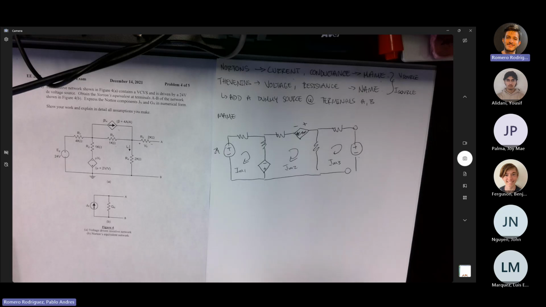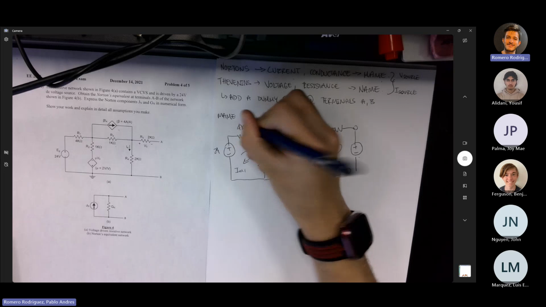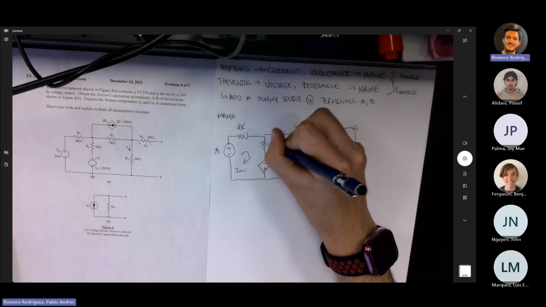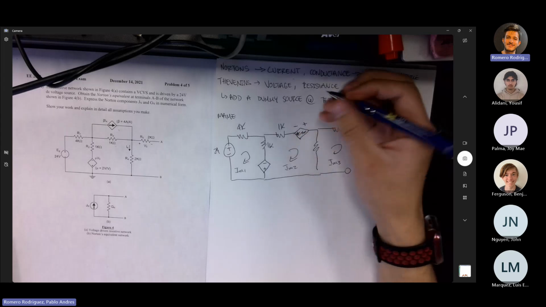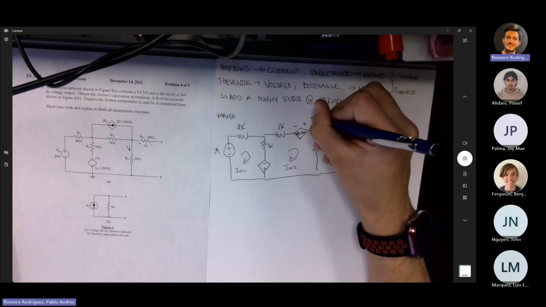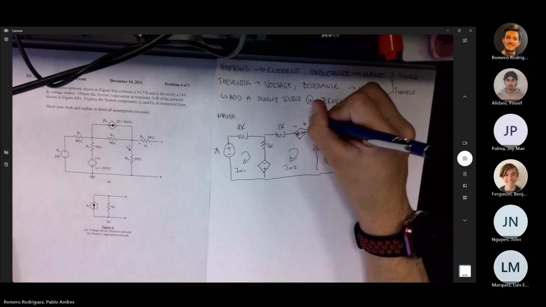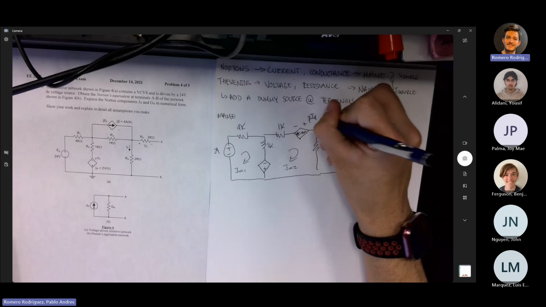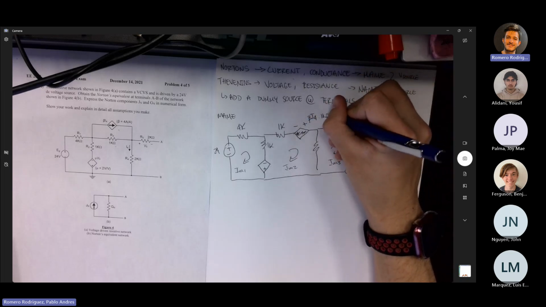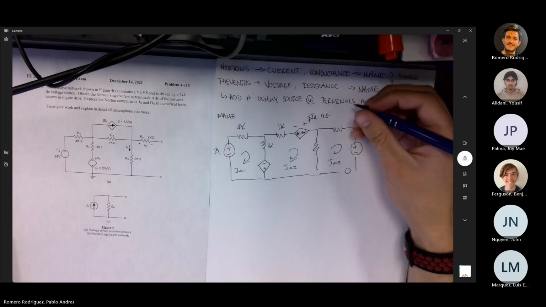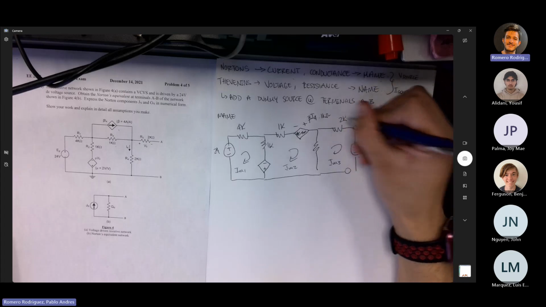Okay. So this is a 4K. This is a 1K. This is a 1K. This value is not going to change. Instead of being beta I4, it's going to be beta I4 times the value of that resistance. So 1K. This is going to be a 2K.